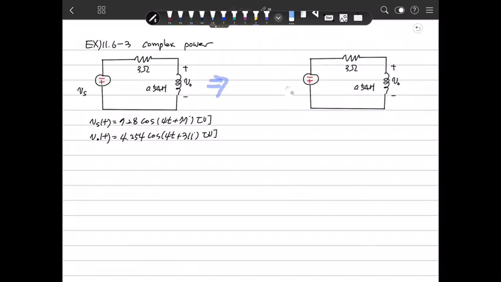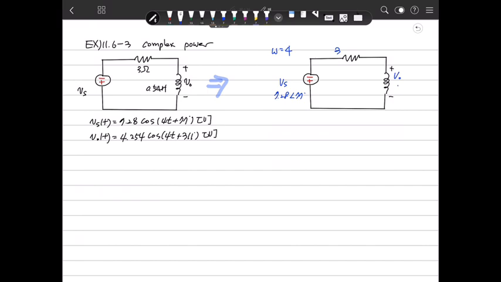Then Vs will be 7.28 at 77 degrees, and omega is 4, and this is 3, a 3 ohm resistor, and this is Vo. Vo will be written here.